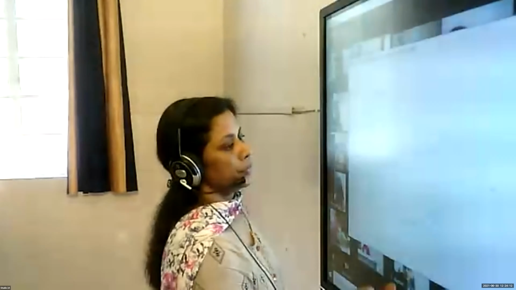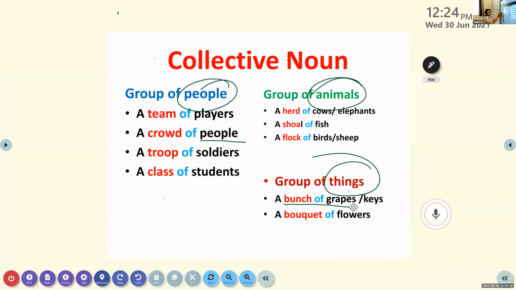Now, one more point I wanted to tell you is, all of you see the way it is written. We can't write a collective noun as we wish. A format is given for it. First, you can see a letter A. Why is the letter A written in the beginning? Because the word after it, the collective noun, starts with a consonant letter.